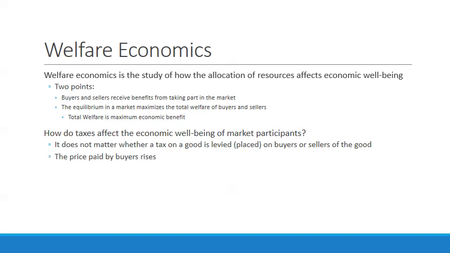The price paid by buyers rises. So no matter what, if the tax is a sales tax on consumers or it's an excise tax on producers, the price paid by buyers rises, the price received by sellers falls. In other words, a tax distorts economic benefit. It reduces maximum economic benefit because it increases the price that consumers are paying and reduces the price received.